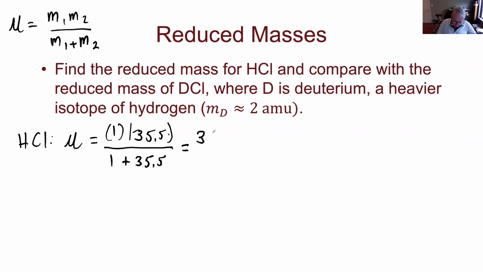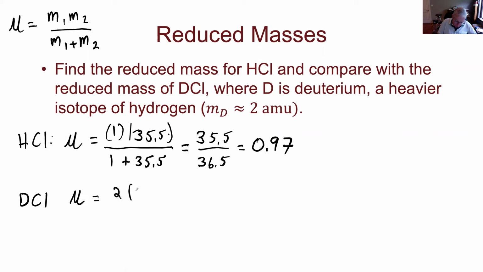That gives me 35.5 over 36.5, which would be 0.97, according to my notes. If I do DCl, I'm going to get mu equal to 2 for the D. 35.5 for the chlorine, and on the bottom I'm going to have 2 plus 35.5.